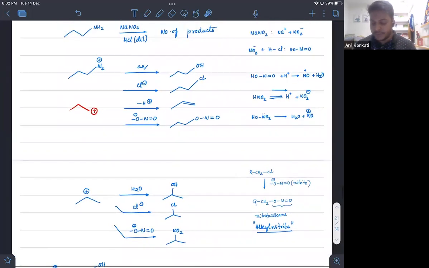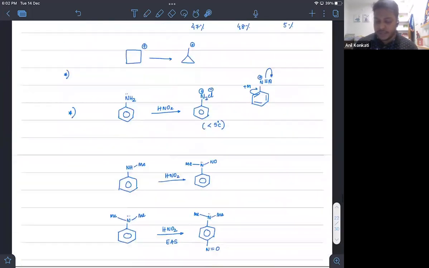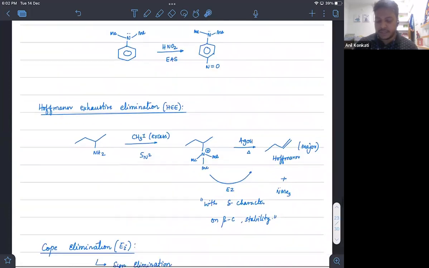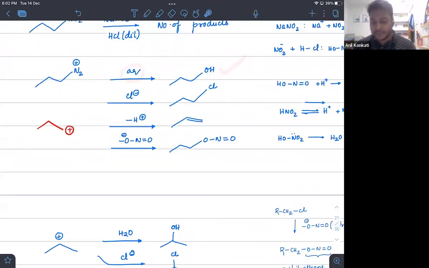First, because it is in water, you can get an alcohol here, because water will directly attack. There is a certain amount of chloride present, so chlorine would come where the positive charge is. It can lose H plus here and make an alkene.